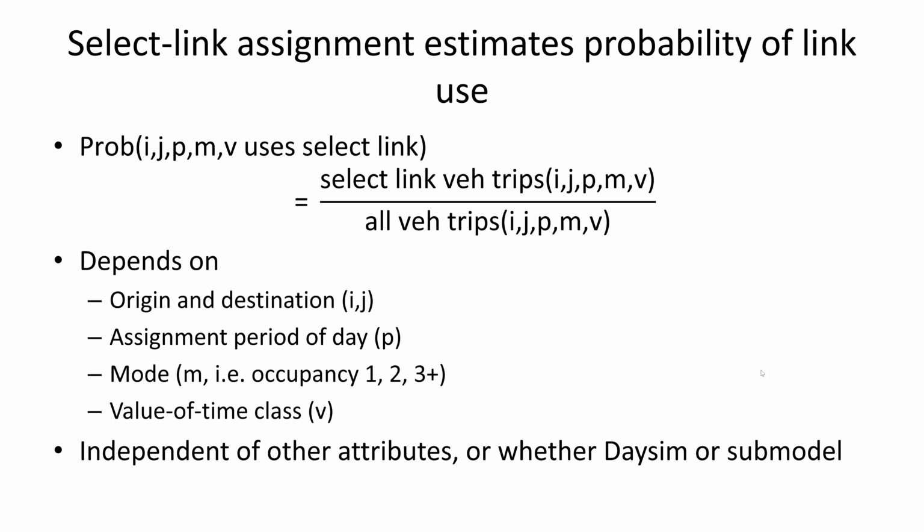And aside from those characteristics, the probability is independent of other user characteristics. There's nothing about the assignment that determines path choice aside from these attributes. Next.